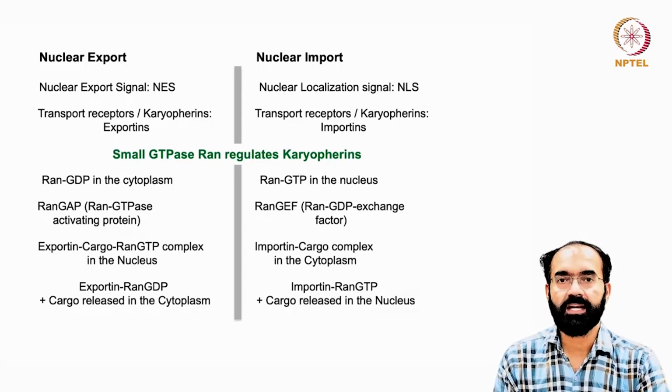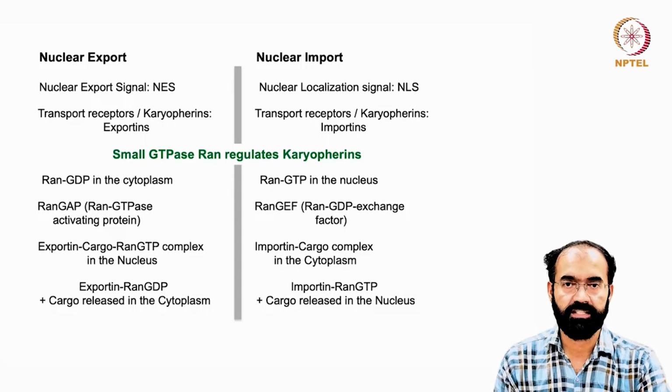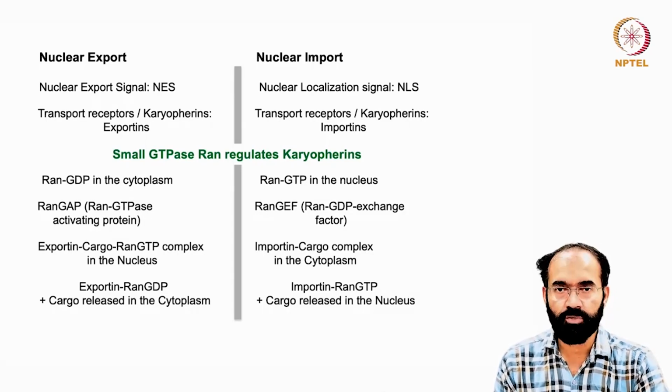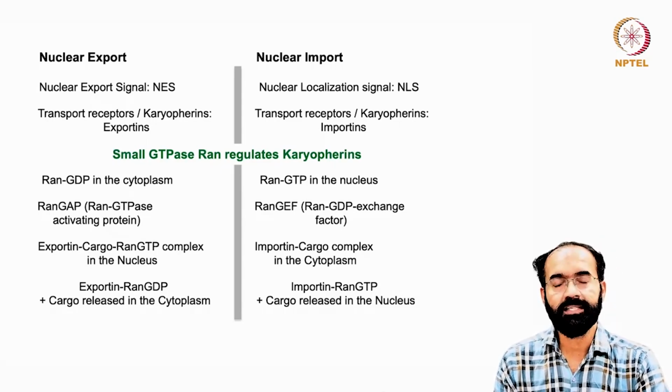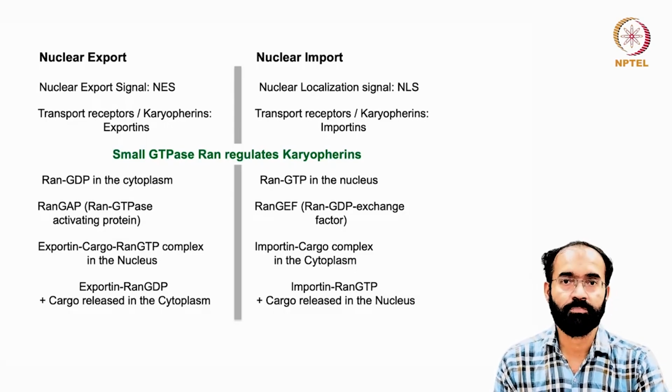So when you say nuclear export, it basically means removing or taking something from the nucleus, because that is the origin of a gene expression event. From there to somewhere is called export, and from somewhere back to the nucleus is the import. So anything which has to move out of the nucleus needs to have the nuclear export signal.